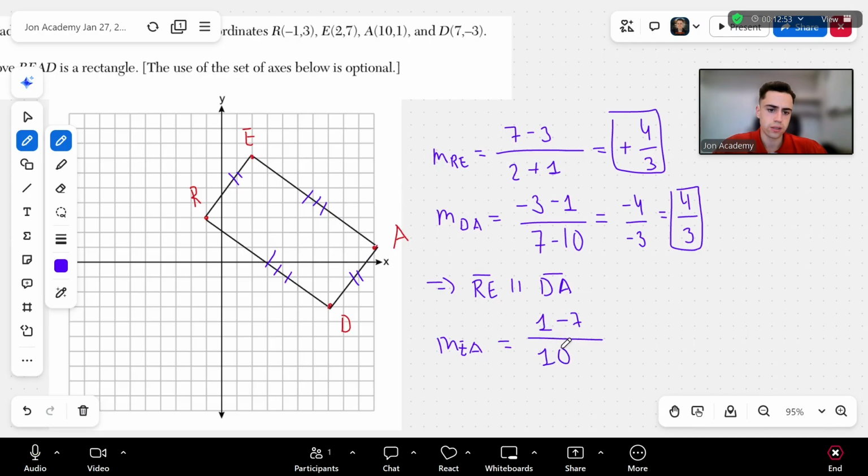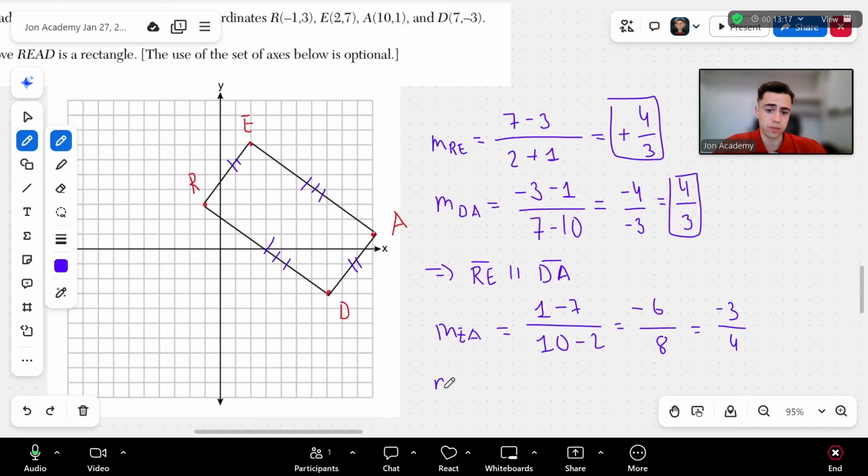Yeah. 10 minus 2, that's going to be minus 6 over 8. We can simplify it somehow. It's going to be minus 3/4. It's negative, no? Also matches with the drawing, no? We can even check here, in the chart or in the diagram, at the same time, to make sure we didn't have any mistake there, no? Okay.